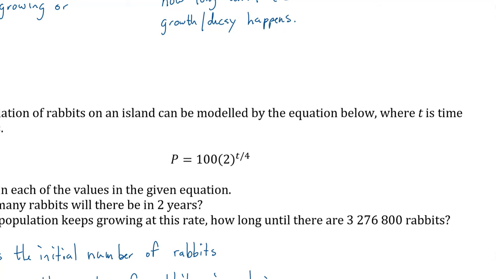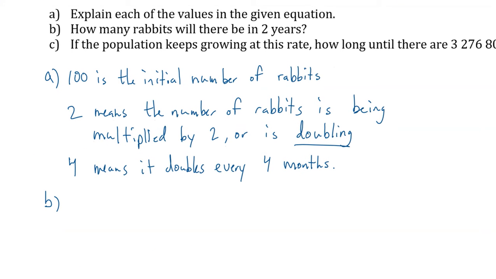So we're going to learn how to solve for both. Every question after today, part A is going to say make an equation, and part B and C are going to be use your equation. So once you've made your equation, now it's your job: am I subbing in for t or am I subbing in for p?